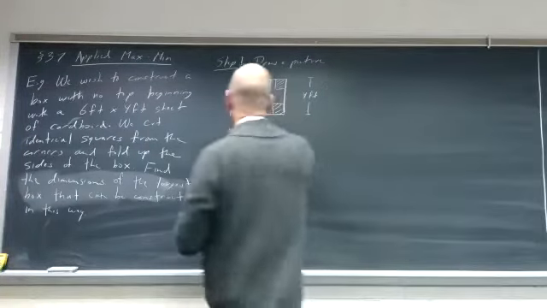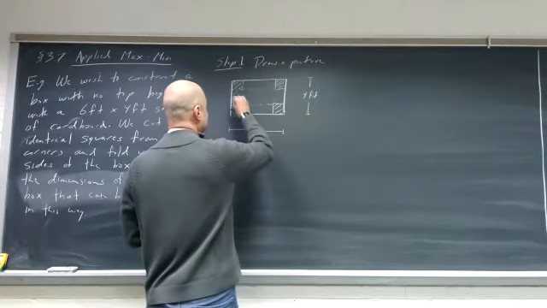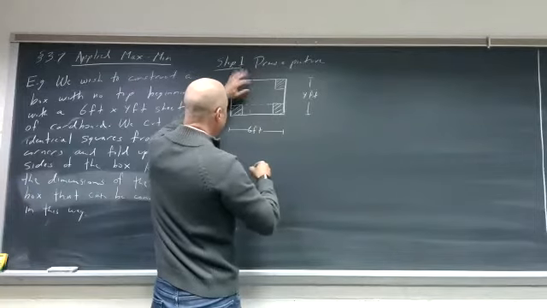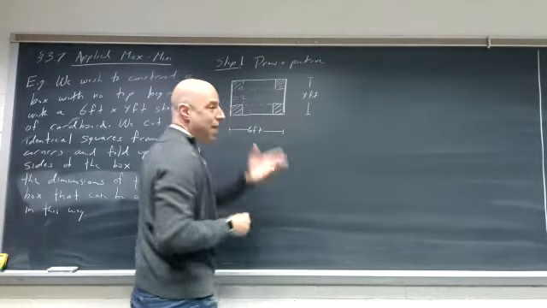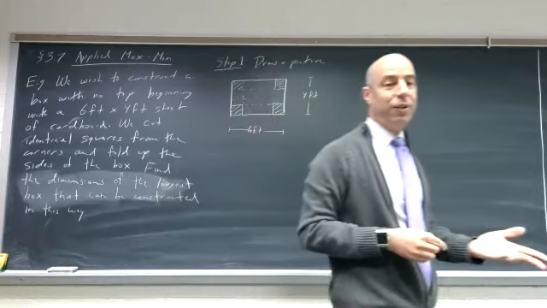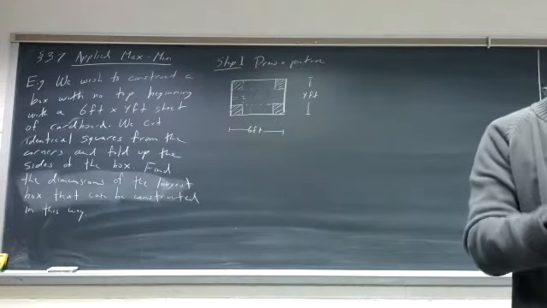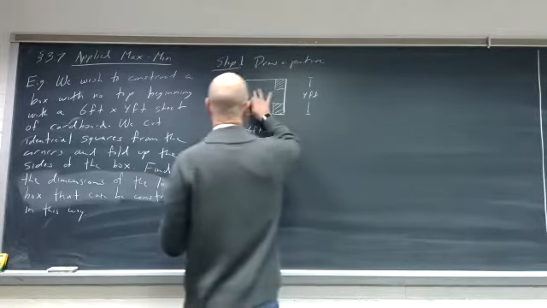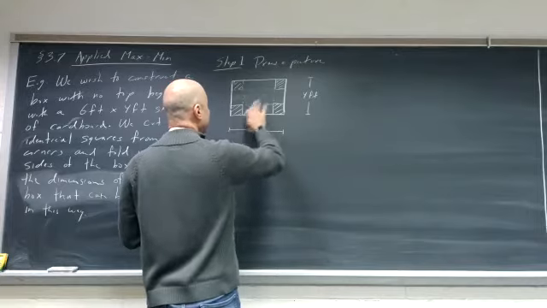If, on the other hand, we cut out quite large squares, let's say we cut out that and this, we're going to have a box with a pretty big height, but it's going to have a really tiny bottom here. That box is also not going to have much volume. Somewhere in the middle, there's the right size square to cut out, such that of all the boxes you could build this way, that box has the biggest possible volume you could get.